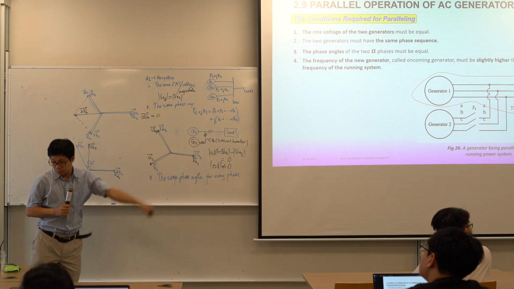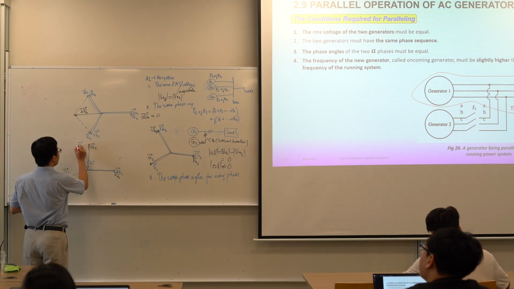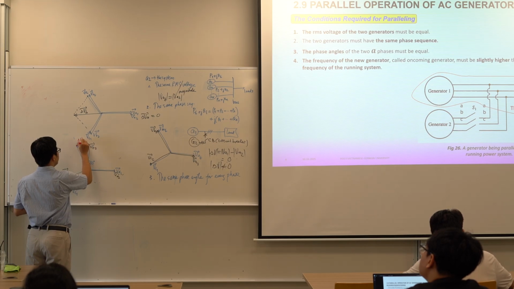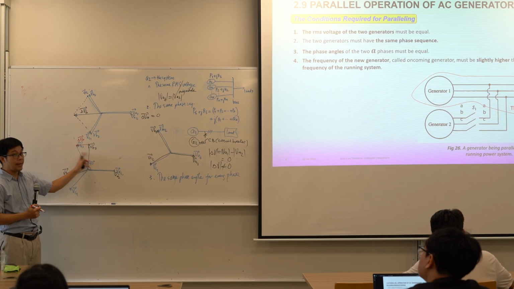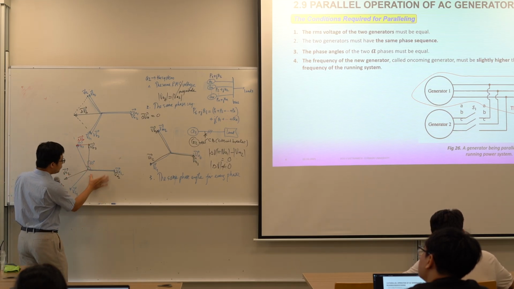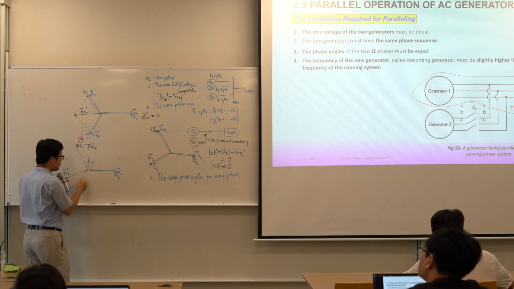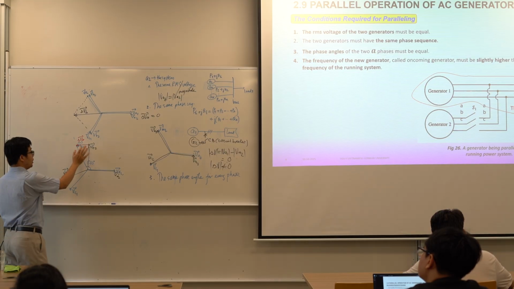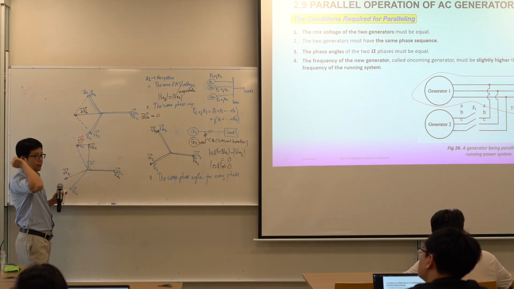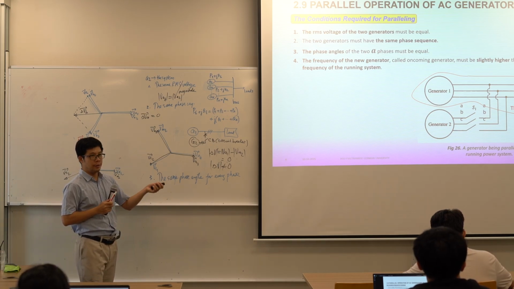Because when we close the circuit, we also have delta V, delta VB, because of a different phase angle. Even though we have the same magnitude, we have a different phase angle, so naturally we have delta V. And then we cannot connect generator 2 into the system.